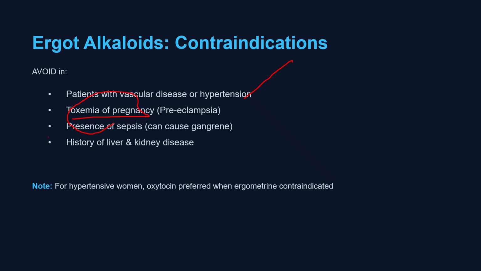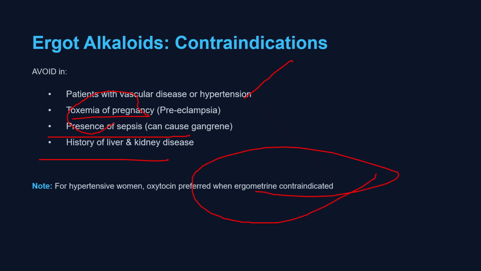Presence of sepsis or a history of liver or kidney disease should also be avoided. Note that for hypertensive women, oxytocin should be preferred when ergotamine is contraindicated.